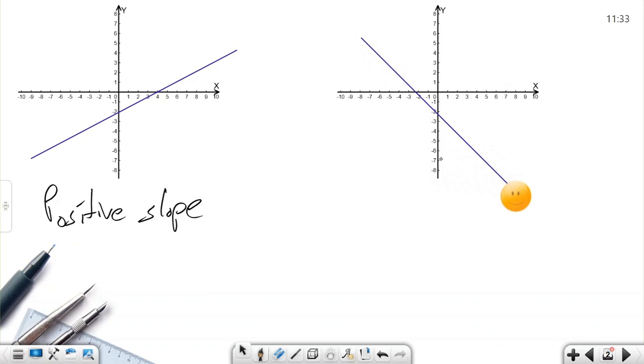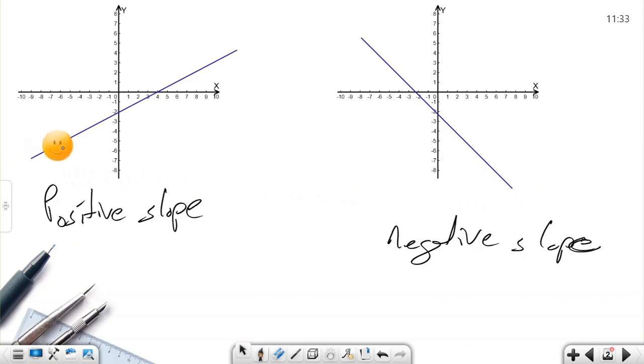That's decreasing on the y, so it's a negative slope. The easy way: from left to right, going up is positive slope, going down is negative slope.